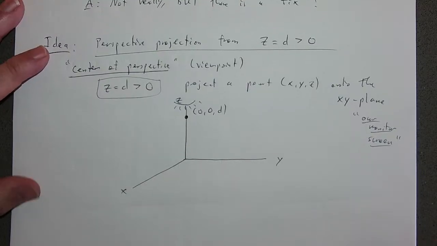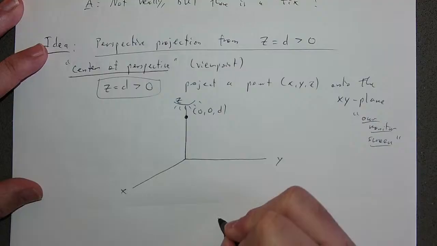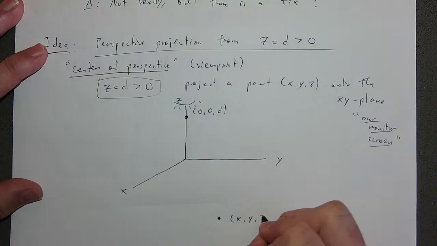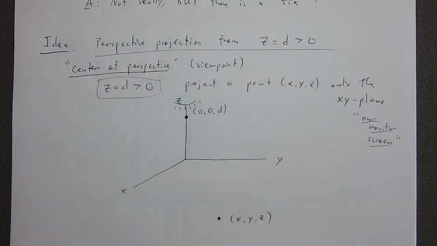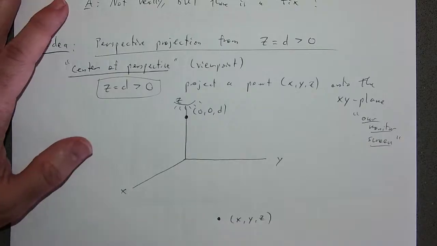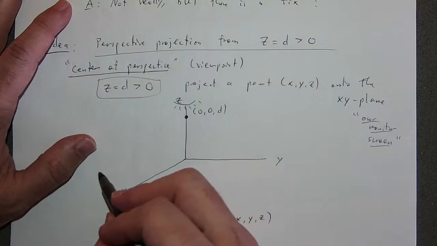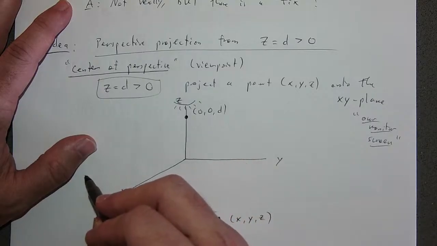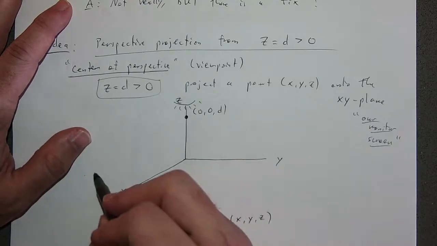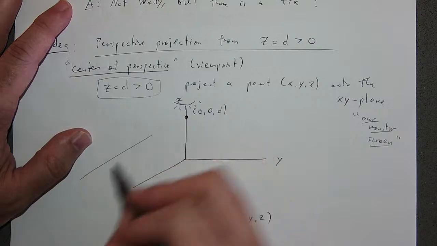So the first thing that I'm going to say is, let's say I have a point xyz. It's just a completely generic point in space here. Okay, well, here I'm going to draw my computer monitor screen here, right?